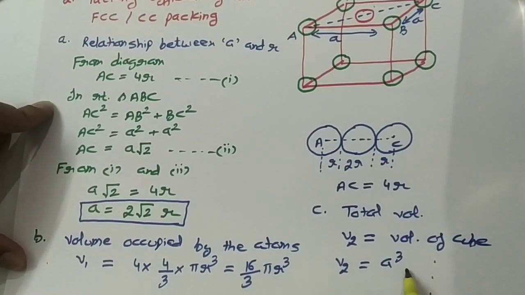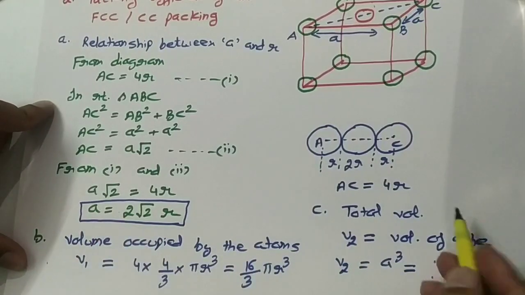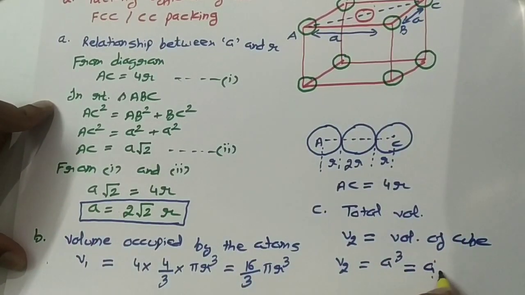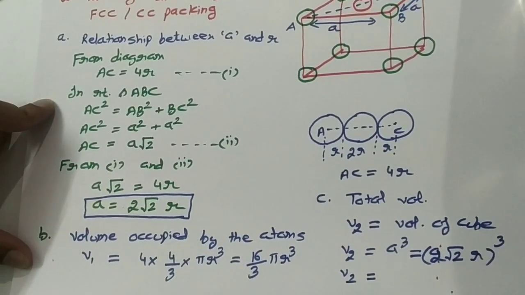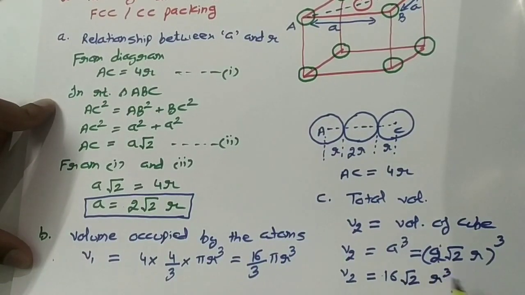Substitute the values. Value of a is 2 root 2 r, cube. V2 is 16 root 2 r cube.